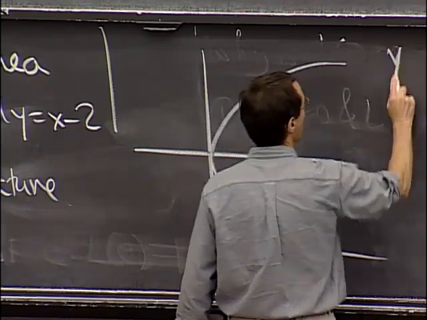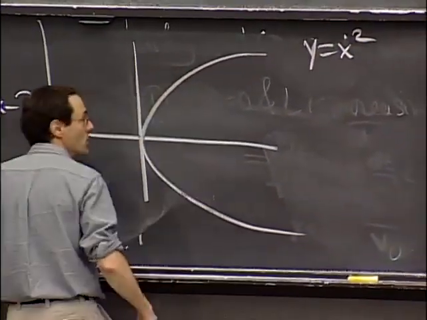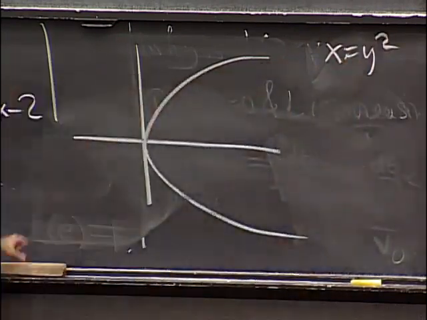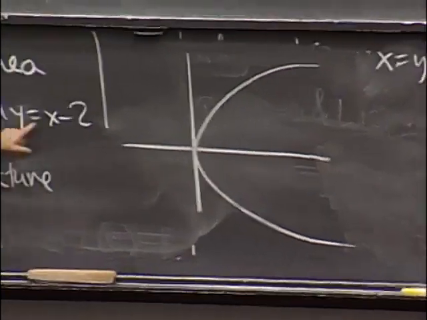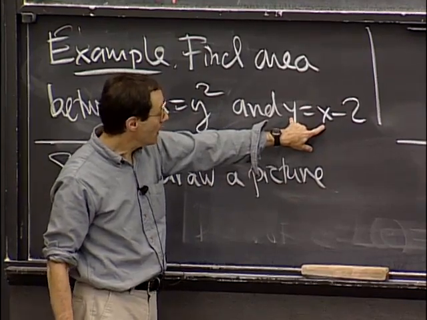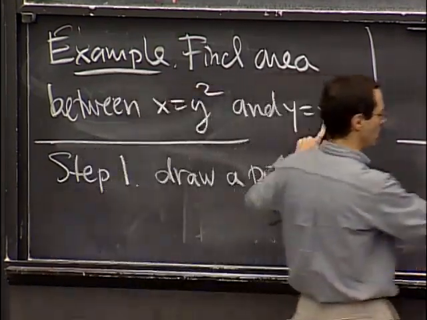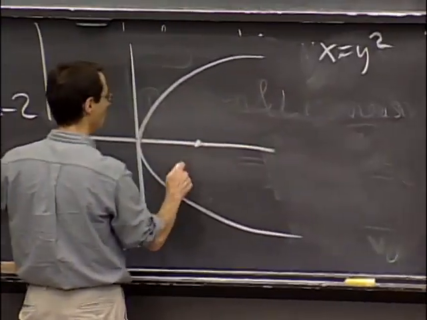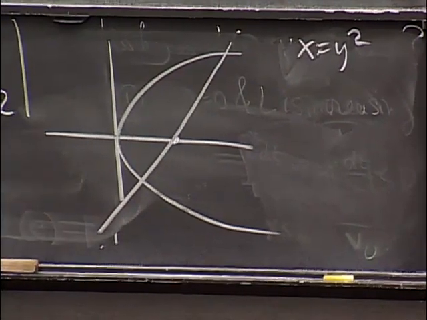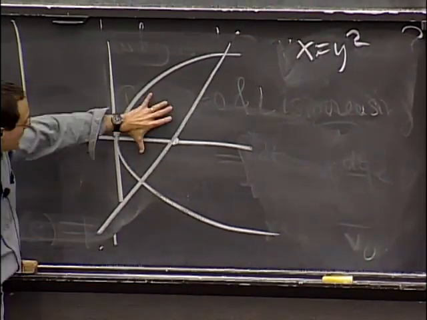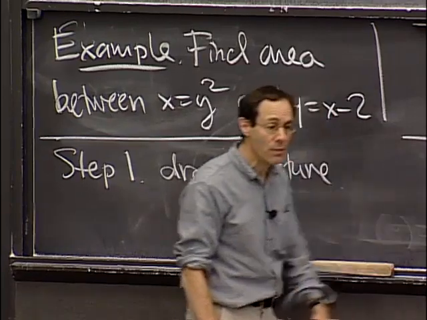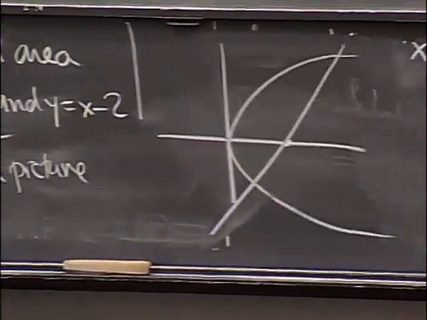That's x equals y squared. The second curve is a straight line of slope 1, starting at x equals 2, y equals 0. It goes through this place here, which is 2 over, and it has slope 1. So it does this. And this shape in here is what we mean by the area between the curves. Now that we see what it is, we have a better idea of what our goal is. If you haven't drawn it, you have no hope.